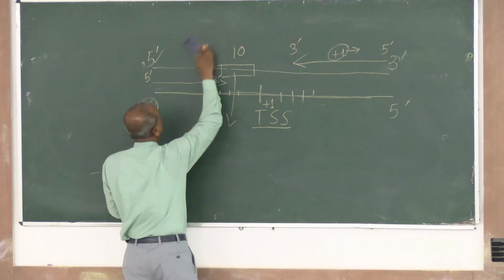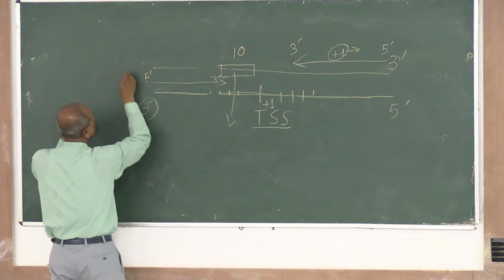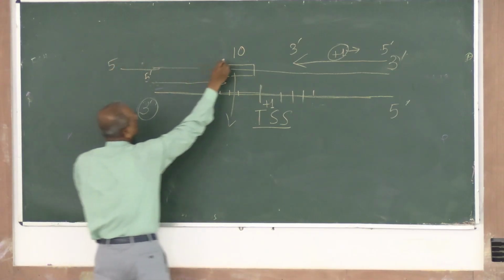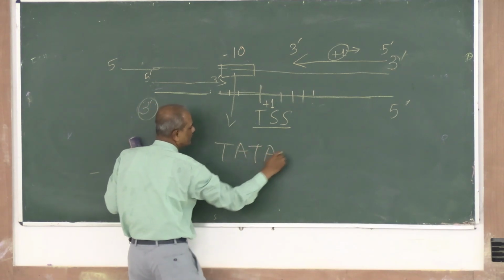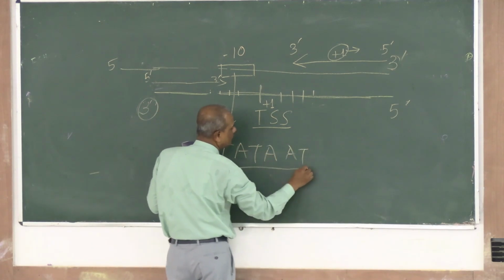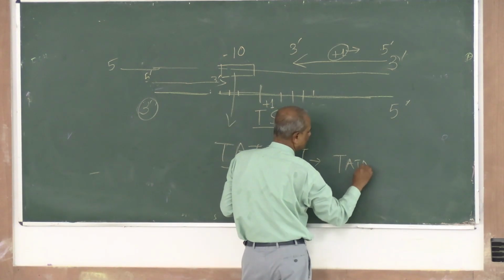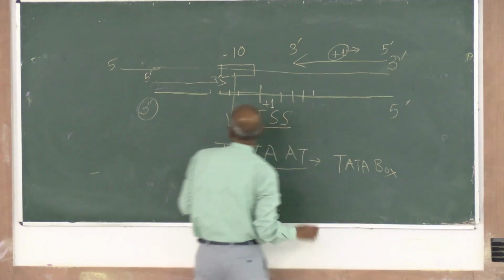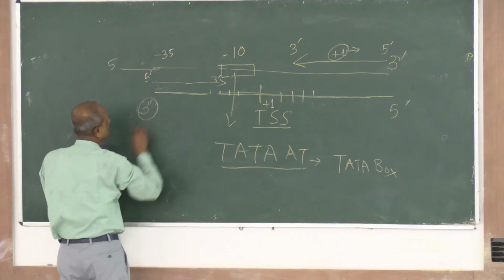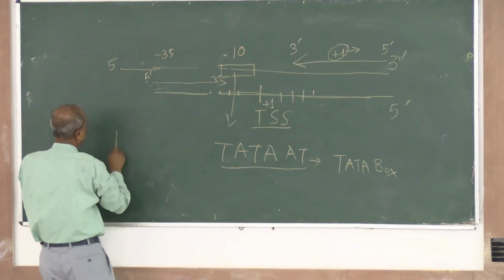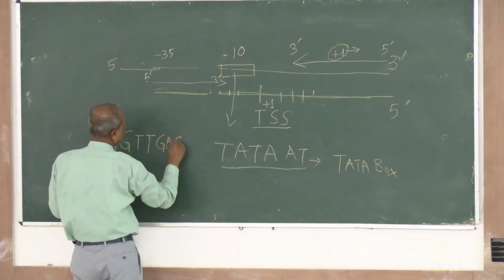So minus 10 base pair upstream, there is one sequence called TATAAT. This is called TATA box. And at minus 35, there is one sequence which is called TTGACA.